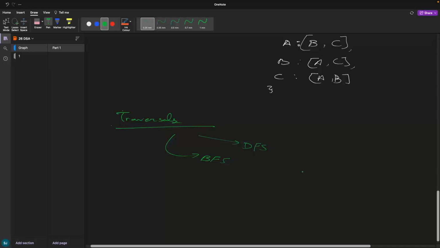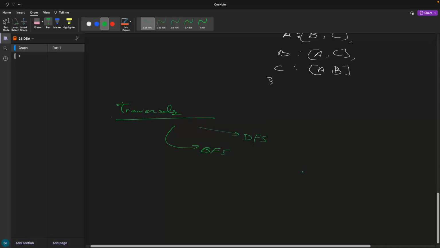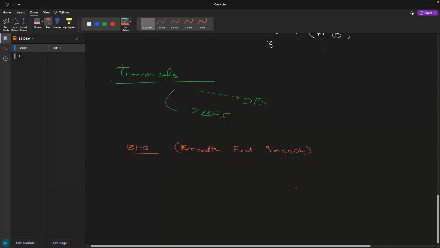So starting with BFS, breadth first search. This is nothing but the breadth first search. Its use case is the shortest path.